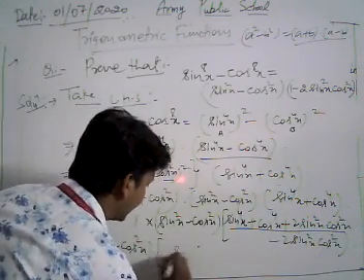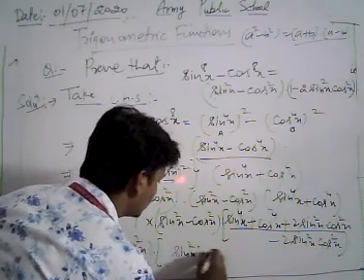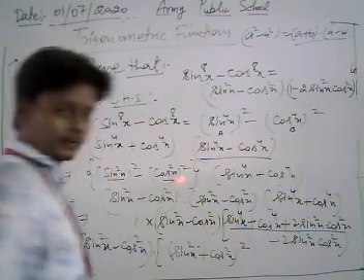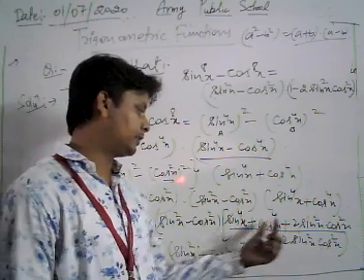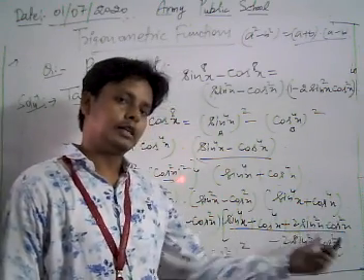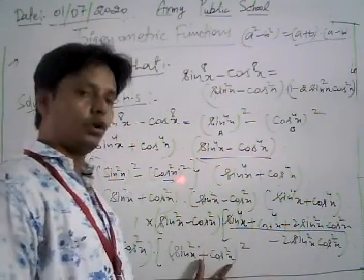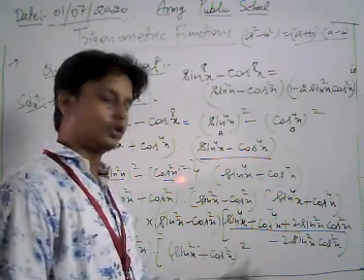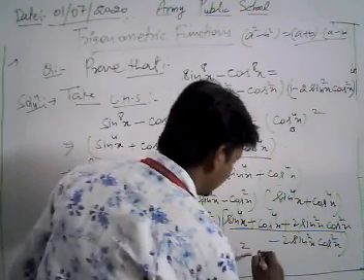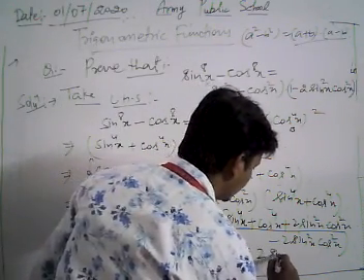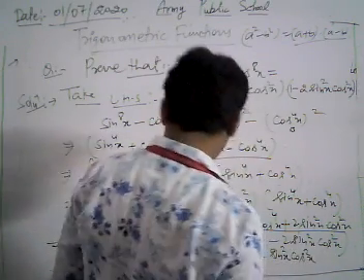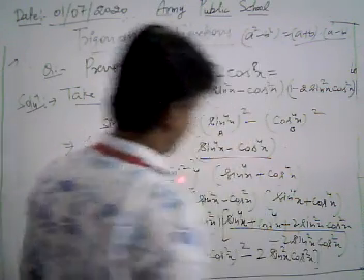We can write (sin²x + cos²x)². Because we know that a² + b² + 2ab can be written as (a + b)², that is (sin²x + cos²x)². And here minus 2 sin²x cos²x.